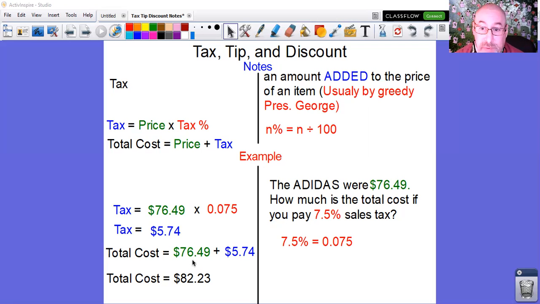All right, so 76.49 plus 5.74 gives us $82.23. That's how much you're actually going to put out of your pocket for those shoes, including your tax. So again, tax is an added amount. It's in addition to the cost that you're already paying.